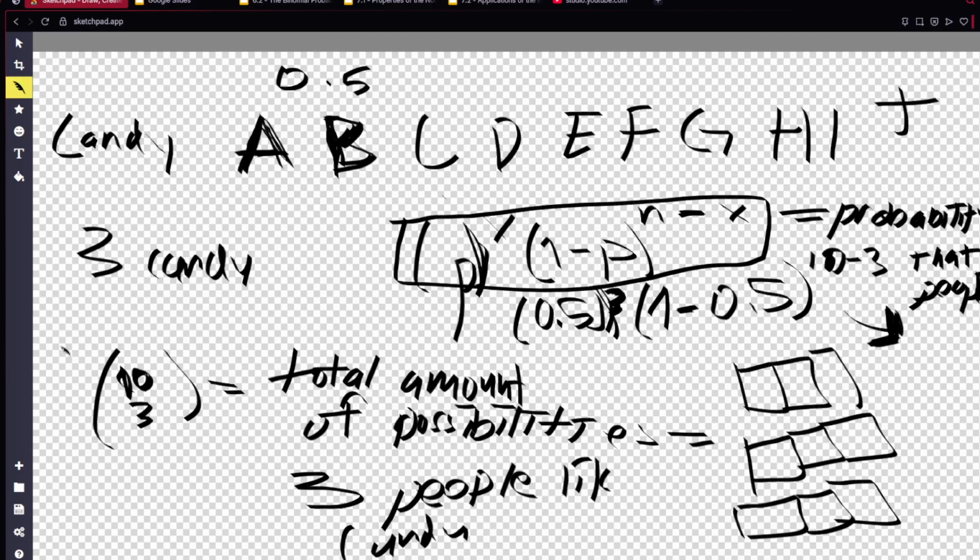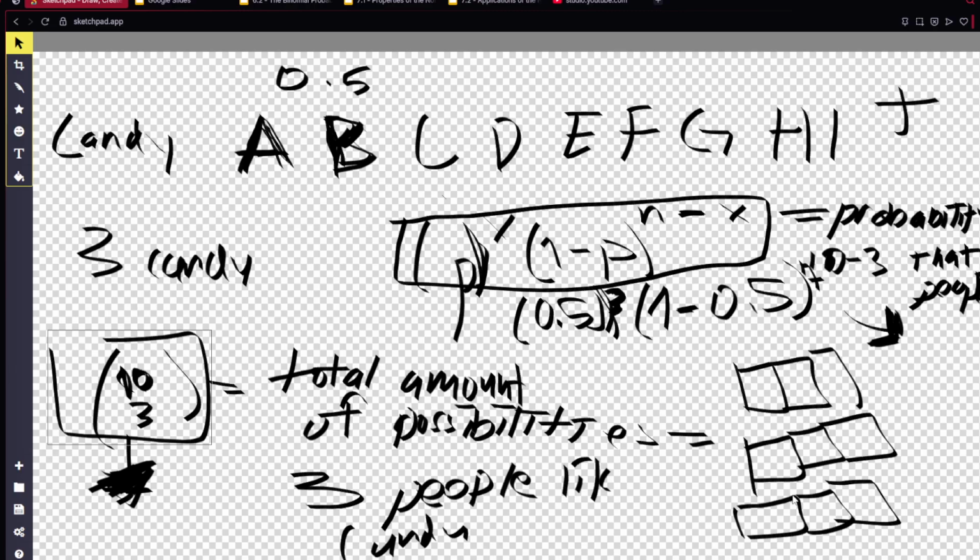And the combination formula over here tells us how many possible ways it is to arrange all these groups into 3 people. If we do 4 people, then it's just insufficient, because now we don't know all the possibilities that the person can like candy. But anyways, this is the probability that 3 people like candy, because we locked it in. The other 7 don't like candy based on this formula.